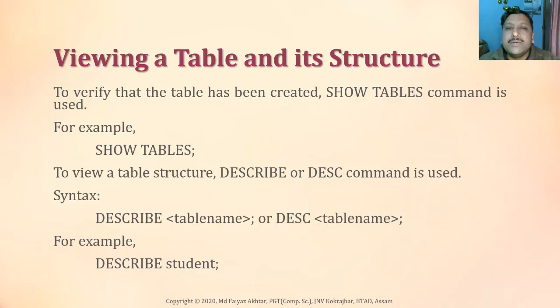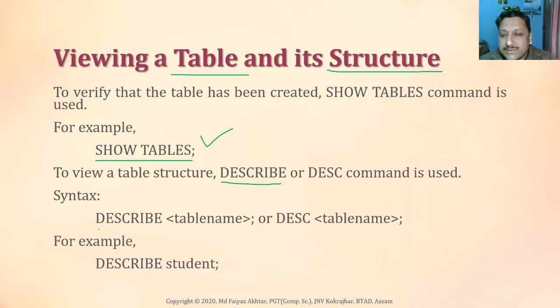So, viewing a table and its structure: if you want to verify whether the table is created or not, then you can see the structure of the table you have created. The commands are show tables and describe. Show tables will list all the table names which we have created in that particular database, and the describe command is used to see the structure of the table.